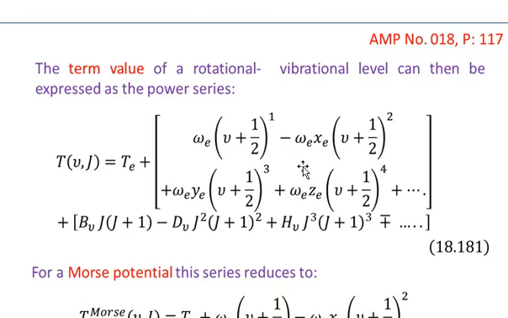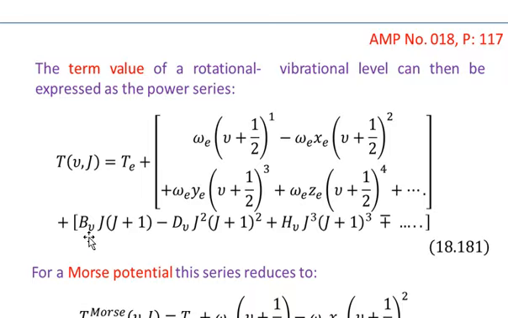This term value was also given in one of my previous lectures, and from that lecture I am reproducing the value for the molecule which is rotating, incorporating different values over here. In the square bracket there is another square bracket containing BV multiplied by J into J plus 1, which is the rotational contribution to the term value, minus DV multiplied by J squared into J plus 1 squared, plus HV multiplied by J cubed into the cube of J plus 1, and so on.